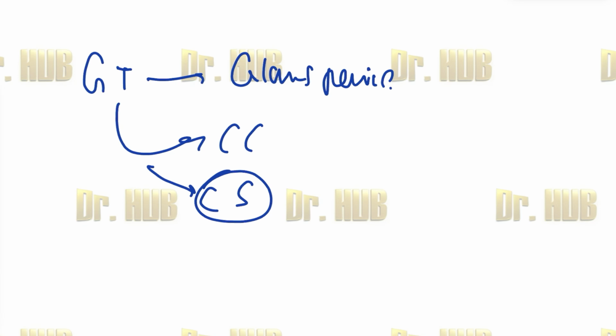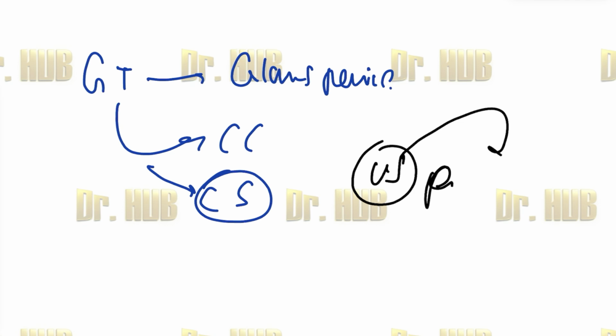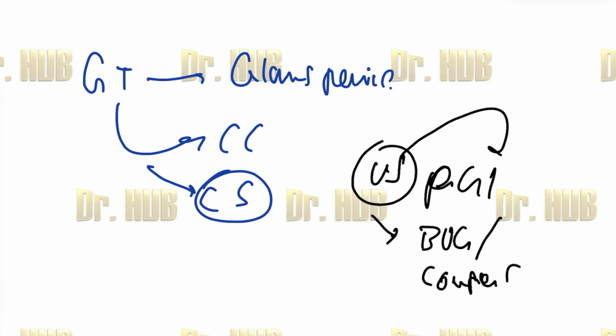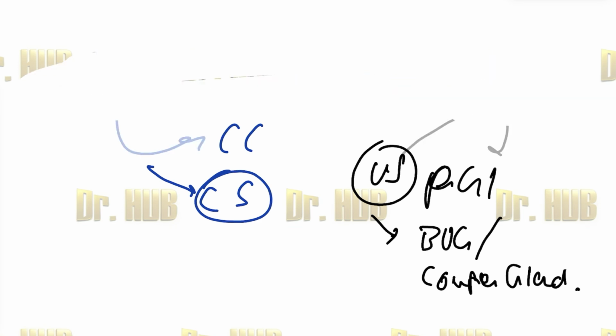Now talking about the urogenital sinus. So sinus means it is involving the glands. So there is a prostate gland is also part of this. Next is the BUG, that is the bulbourethral gland, as well as the presence of the corpus gland. Then moving on to the sex cords.